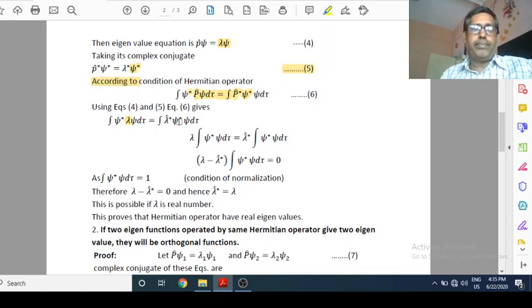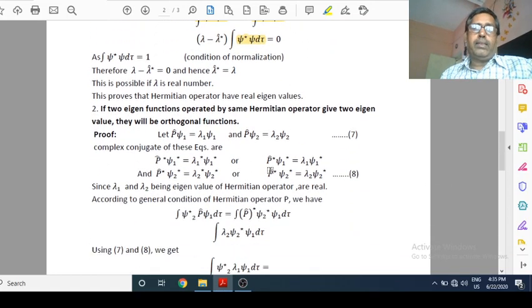So we are putting here, and lambda is taken out of the integration, lambda star is taken out of the integration. You can see we can take common. If we change the side, this will go to the left side with a negative sign and the right side will be 0, and we take common this one. Under the bracket it will be lambda minus lambda star.